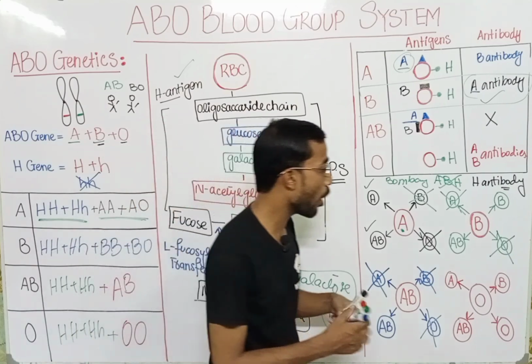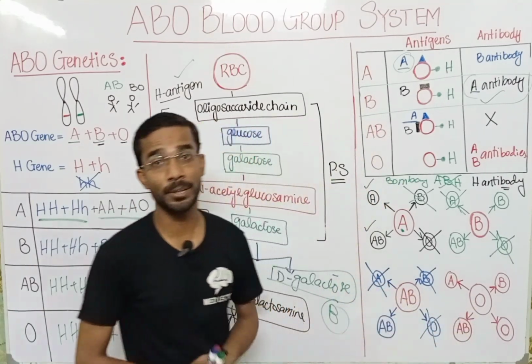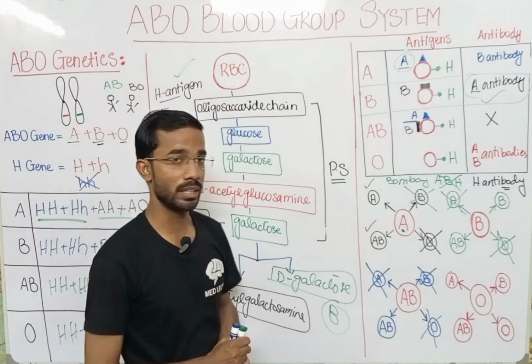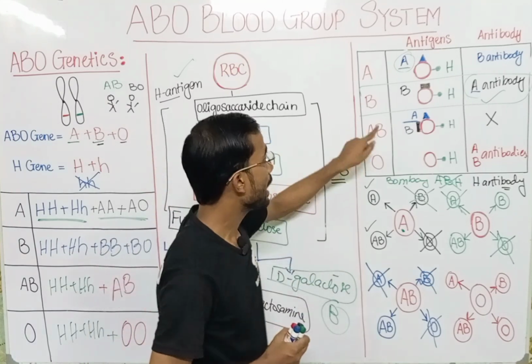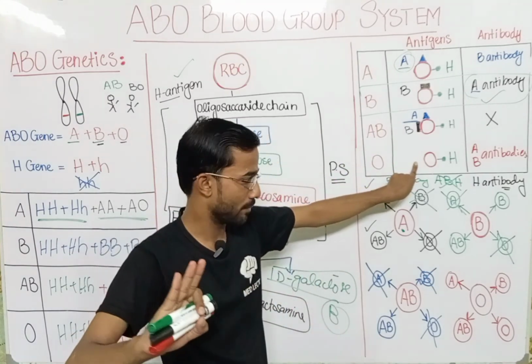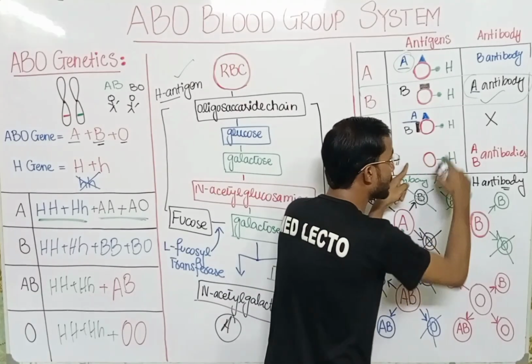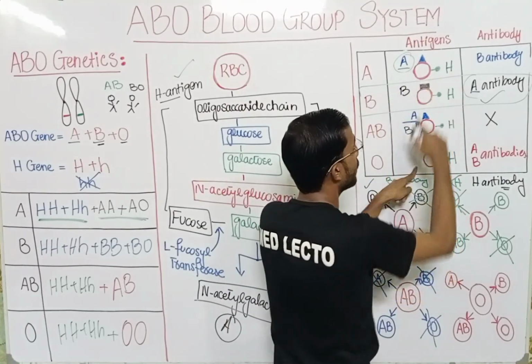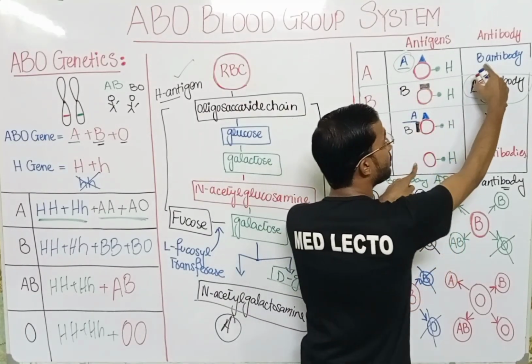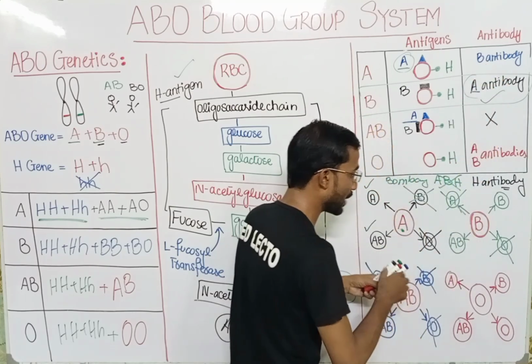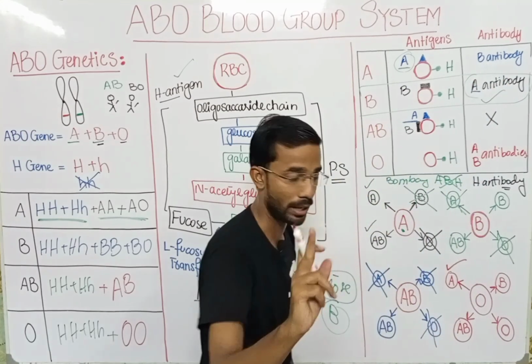This is the case. Now O is called the universal donor. How? In the O blood group, there is no antigen. If I give only the RBCs to A, there is no antigen against the B antibodies, so I can give the blood to A. This is case one.